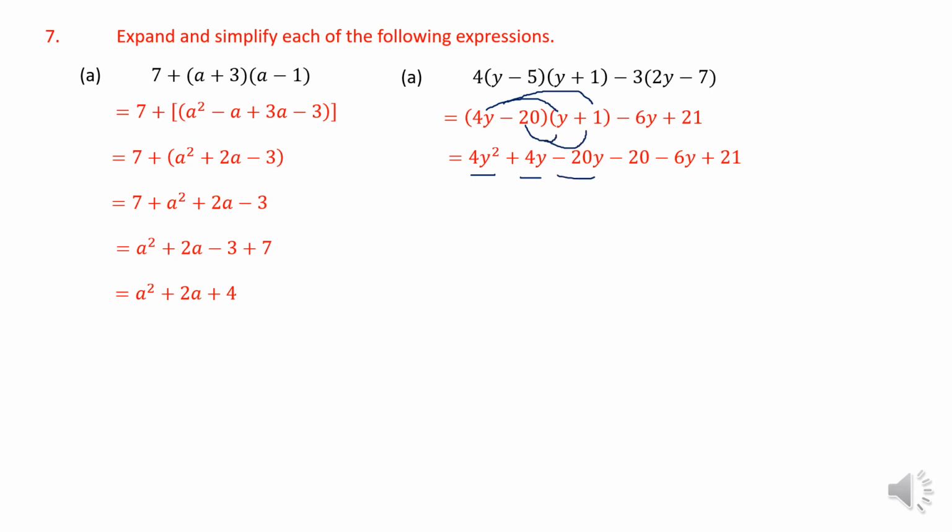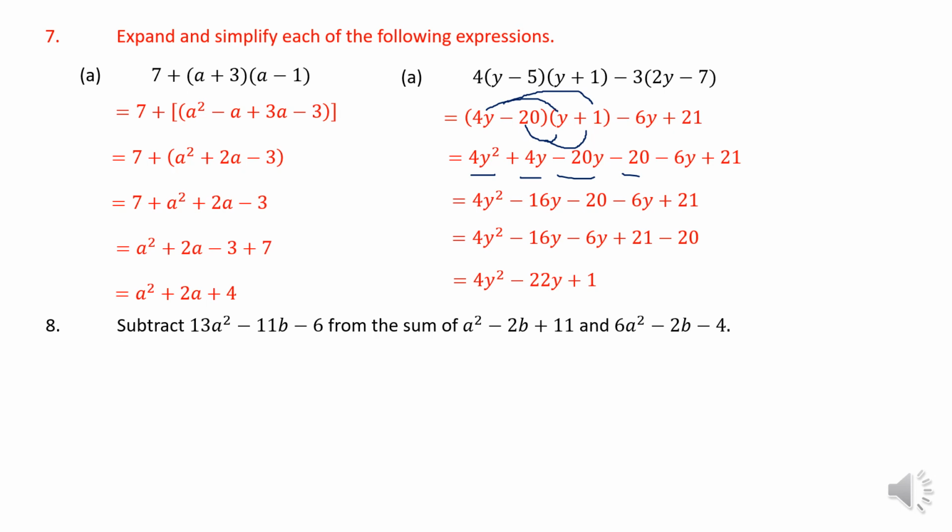So then I just get my like terms together. 4y squared on its own, minus 16y, and then you have minus 20 here, and then minus 6y plus 21. So if I clean everything up, I'm going to get 4y squared minus 16y minus 6y plus 21 minus 20. So the final answer is 4y squared minus 22y plus 1.